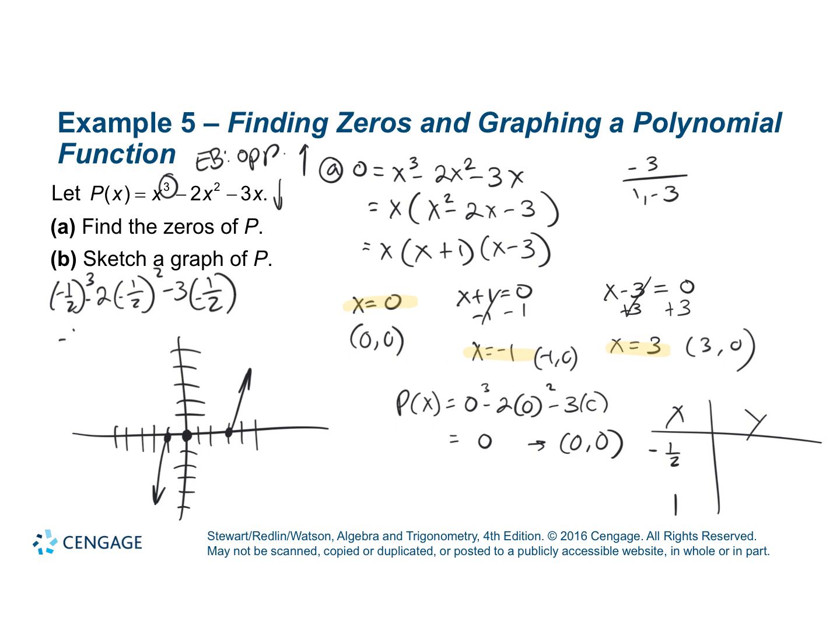So we're going to get -1/2 minus 2 times 1/4 plus 3/2. That's going to be -1/2 minus 1/2 plus 3/2. That is -2/2 plus 3/2. That's going to give us a positive half.